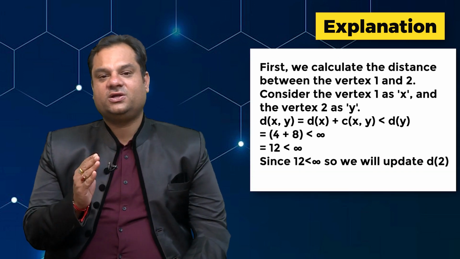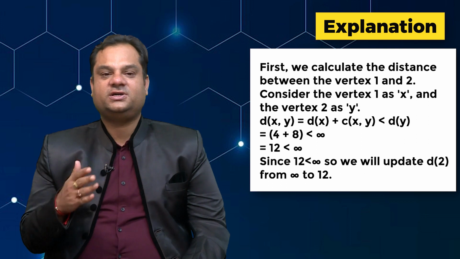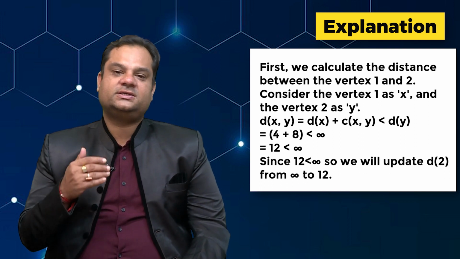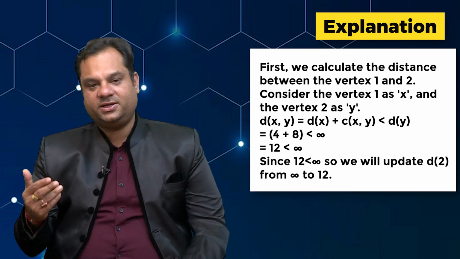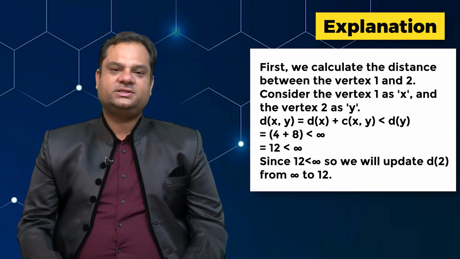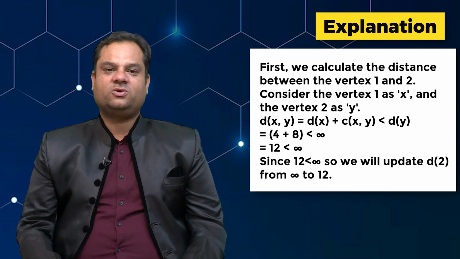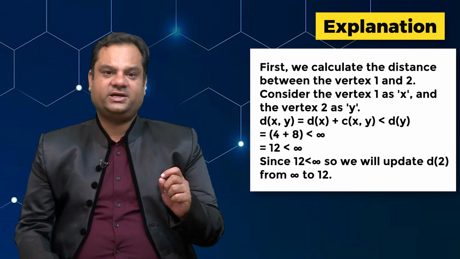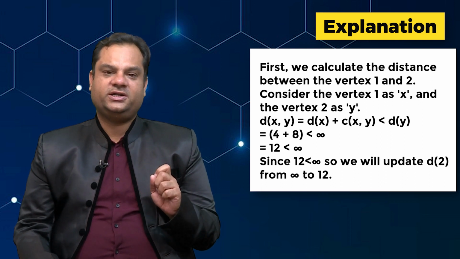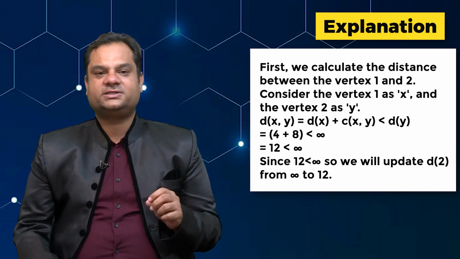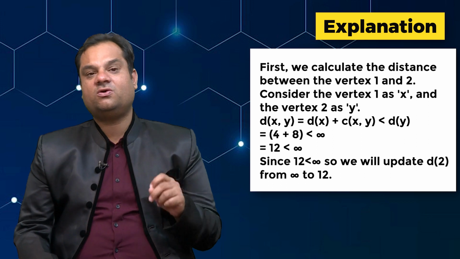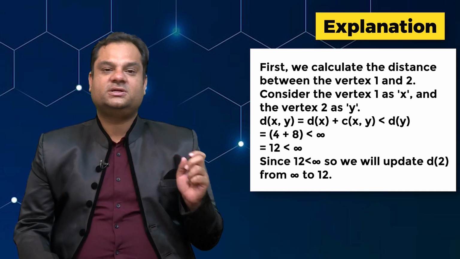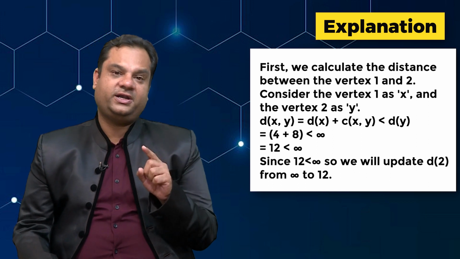First we calculate the distance between vertex 1 and 2. Consider vertex 1 as x and vertex 2 as y. So, d of x y, again with the help of the same formula. We put the value of d x, starting the journey from 1 to 2, which is 4, and c of x y, the weight between 1 and 2, is 8.